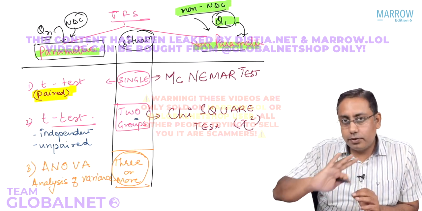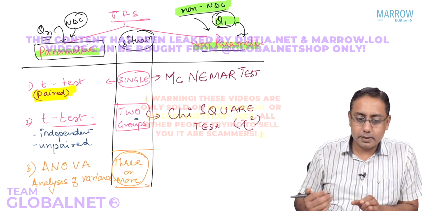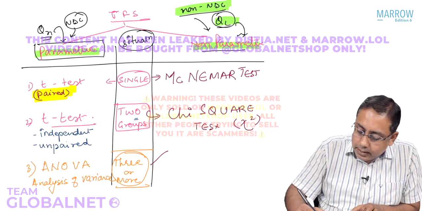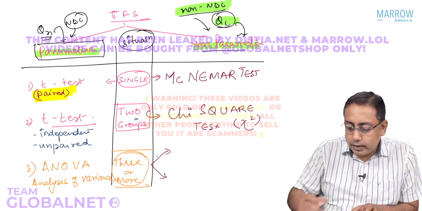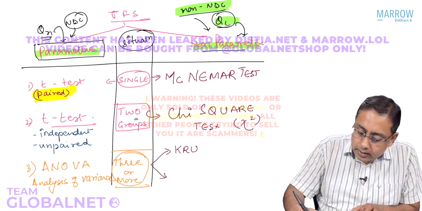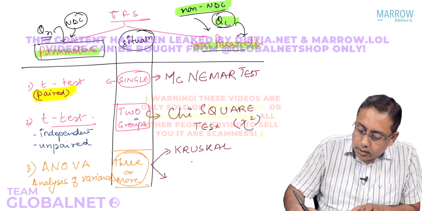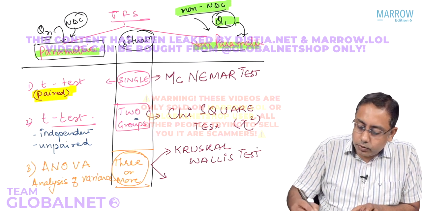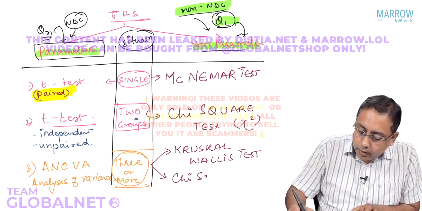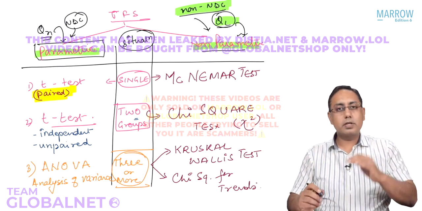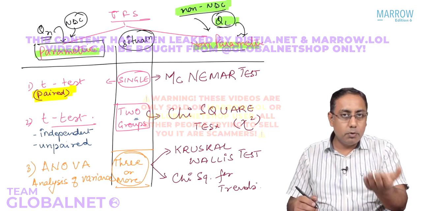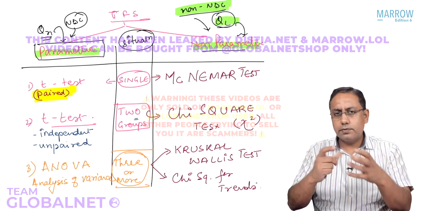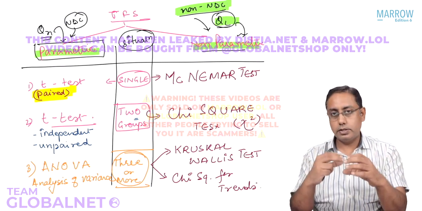In case it is 3 groups or more than 3 groups, the test of significance can be 2 over here. We can either use the Kruskal-Wallis test, or we can use something called chi-square for trends. So sometimes we can use chi-square for trends in case of 3 or more groups, just to see the level of significance between these 3 groups.